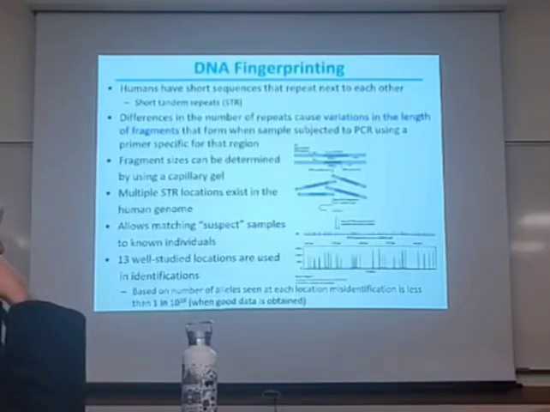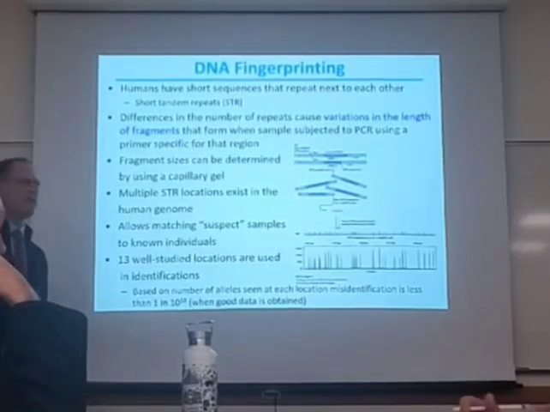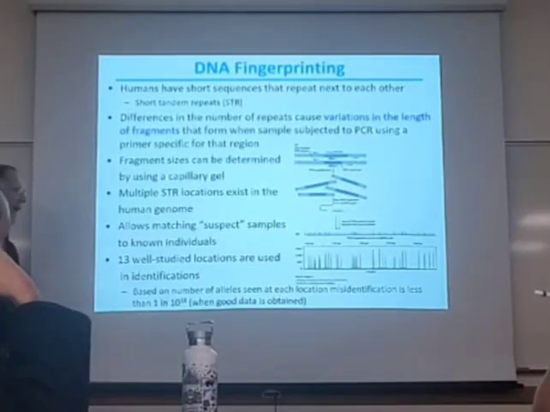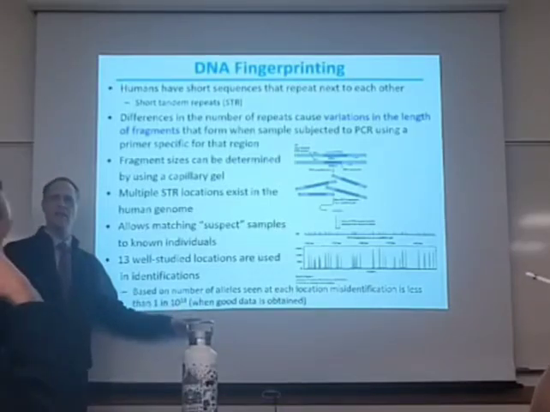Maybe it works out. Okay, DNA fingerprinting. Did you know there are spots in your DNA that are actually well-studied enough that I could fingerprint 13 well-studied locations, and actually determine whether it's you or somebody else with fidelity of 1 in 10 to the 18th?